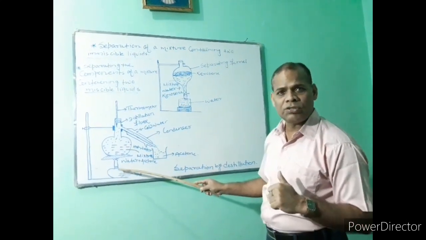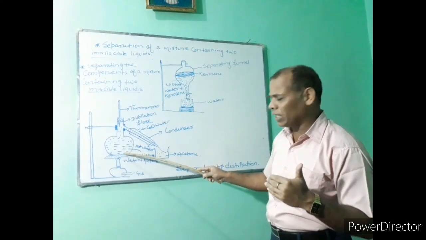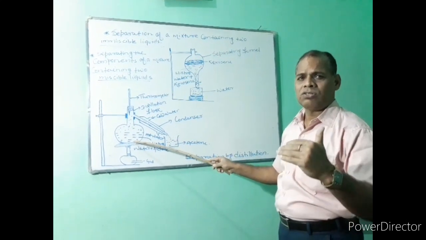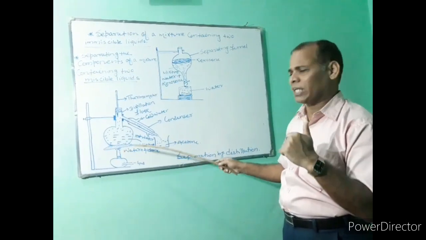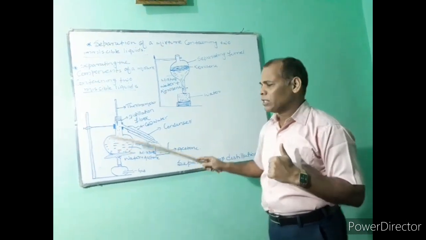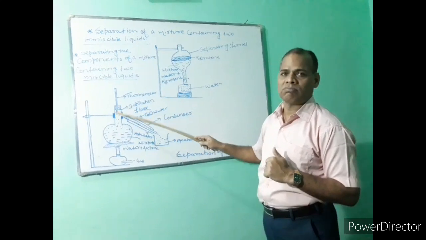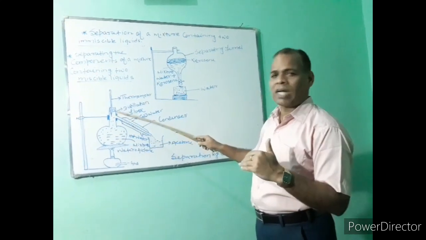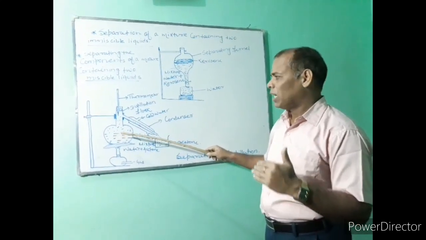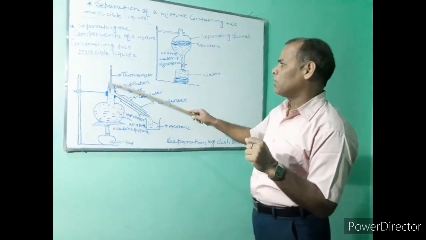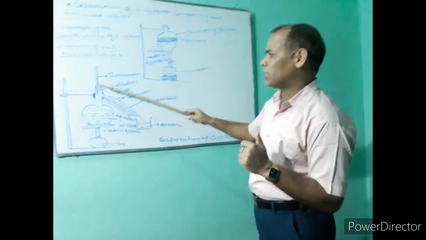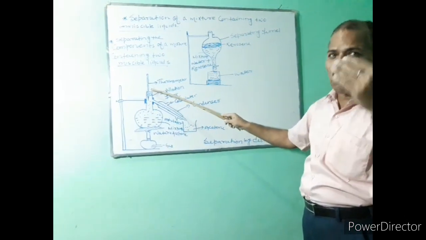When you start to heat, when the temperature reaches above 50 degrees Celsius, slowly the vapor starts to form, and around 56 degrees Celsius continuous vapor formation takes place.